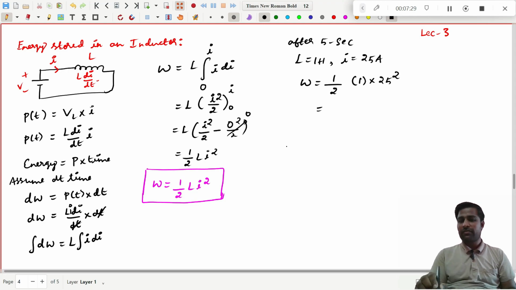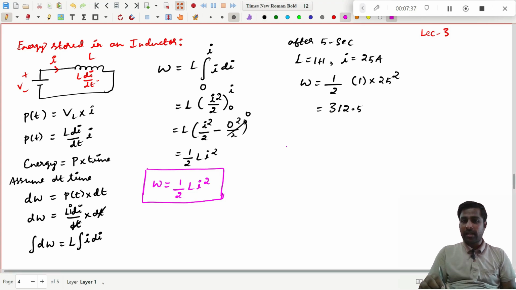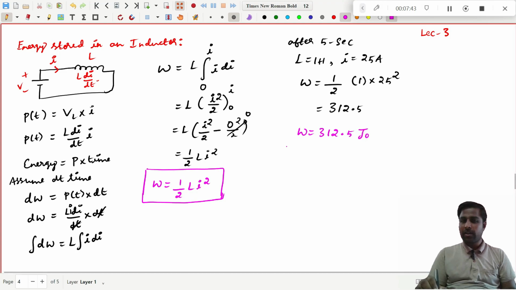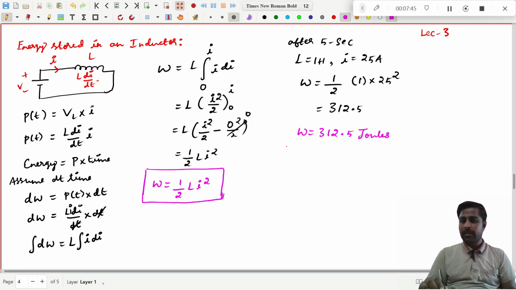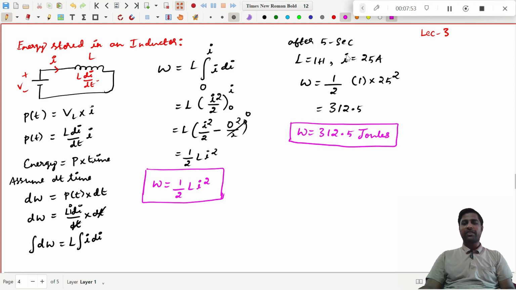That is 625. 625 divided by 2 gives 312.5. So the energy stored is 312.5 joules. This much energy will be stored in the inductor after 5 seconds.